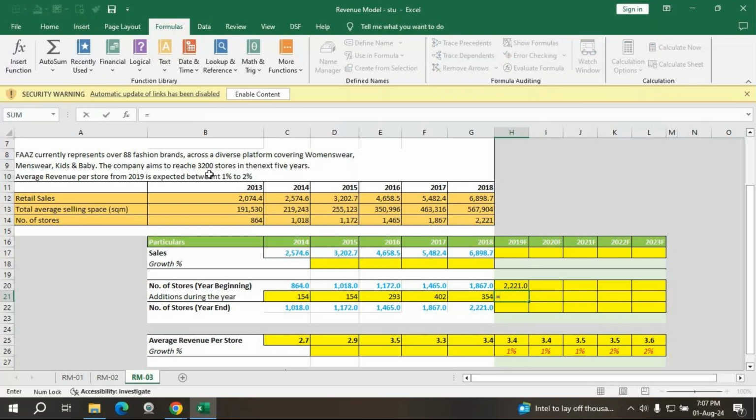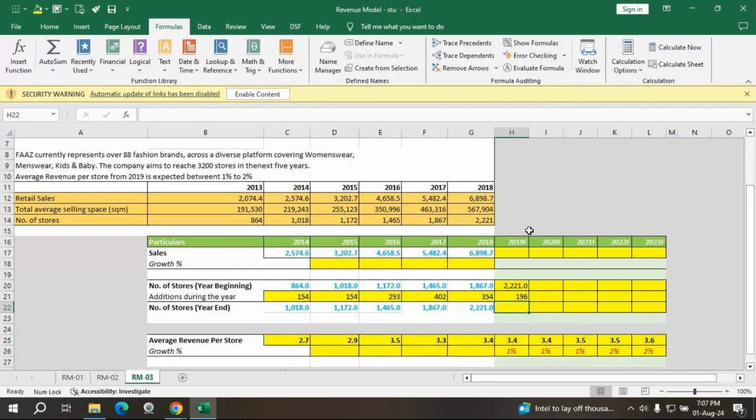So I'll take 3200 minus the year beginning, how much I had, close the bracket, and for 5 years we are calculating, so divided by 5, enter.